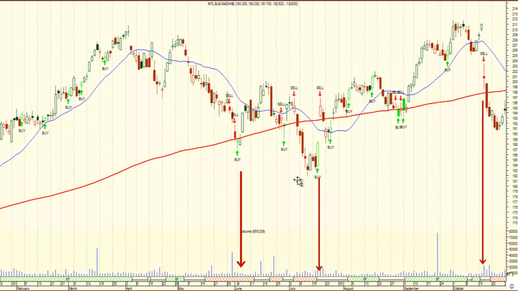But of course, you can see that you can take maximum advantage of the up move in this case, and this one is not a big one, but it's more than decent. If you accept and if you can afford to have disagreement between the buy signal or sell signal and the ribbon.